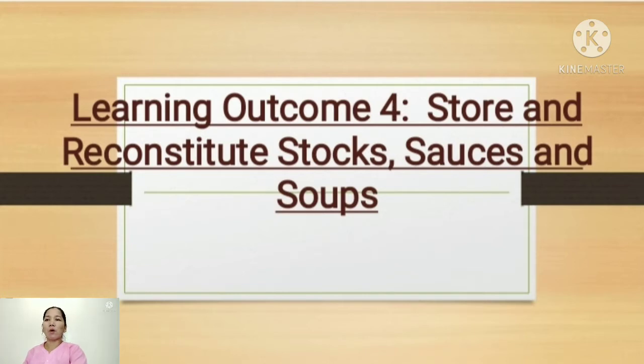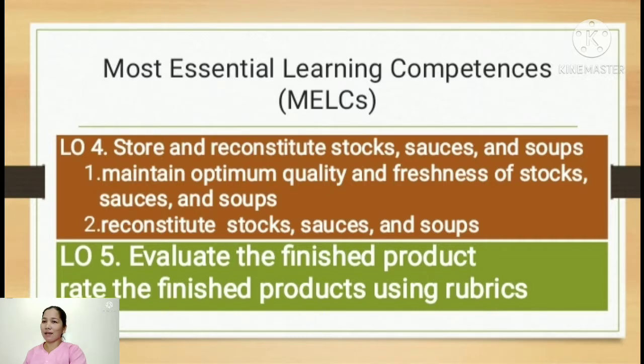Along with this are the most essential competencies embedded in this learning outcome, which is composed of number 1, maintain optimum quality and freshness of stocks, sauces, and soups. Number 2, reconstitute stocks, sauces, and soup. And learning outcome number 5, which is to evaluate or rate the finished product using a rubric, you have done this already in your learning outcome number 3, which is presenting soup, stock, and sauces.